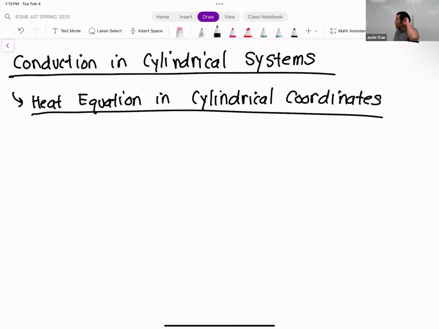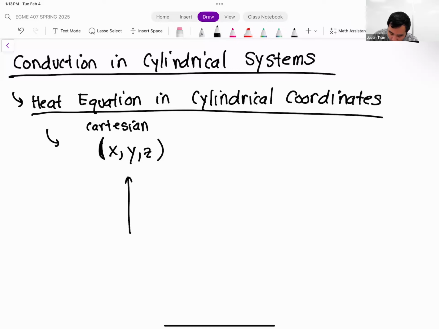Before I list out the equation again, we wrote it out last Thursday, but just remember that in cylindrical coordinates we're making a change in variables. In traditional Cartesian coordinates, which is what everyone is most familiar with, the coordinates are X, Y, and Z, where each corresponds to one of the cardinal directions.